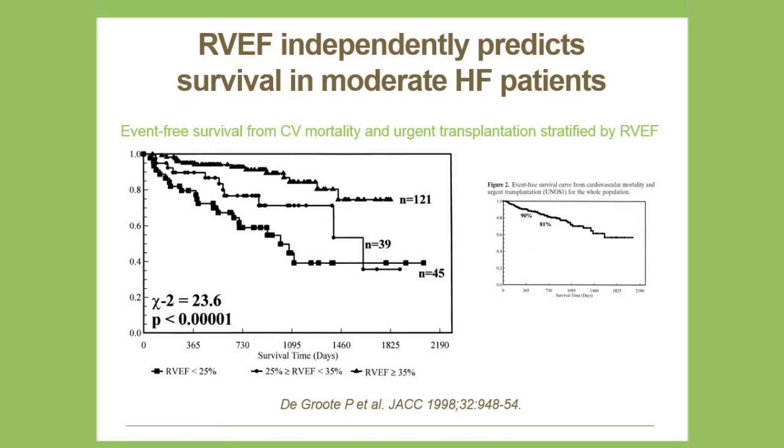But if the group were stratified according to their right ventricular ejection fraction, on the left of the screen, then one can see that preserved ejection fraction patients did so much better. In fact, at 1 year, in contrast to the survival of the total cohort, which was 90%, the patients who had an RV ejection fraction of under 25% had only a survival of 80%.